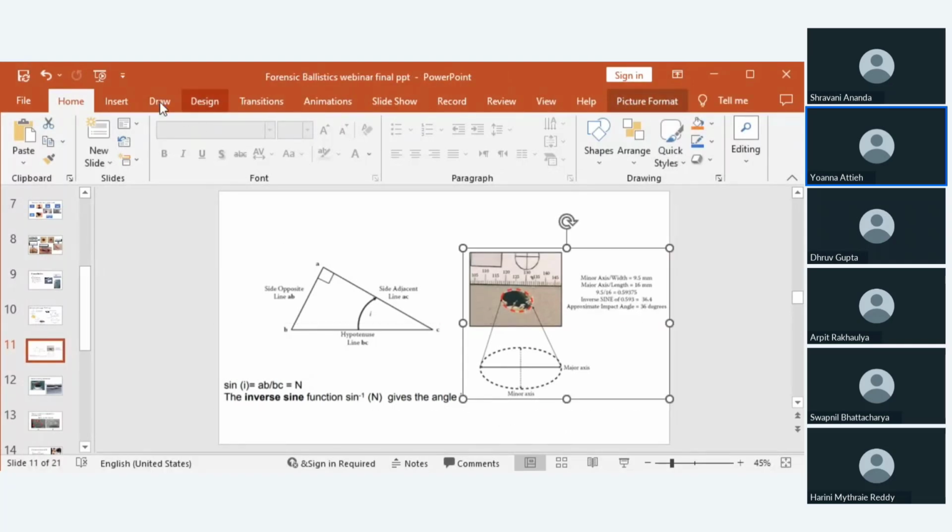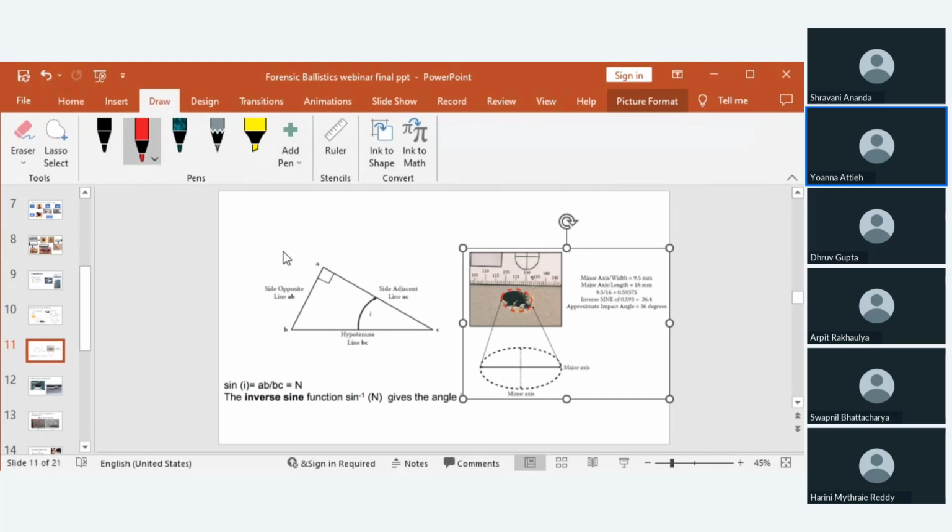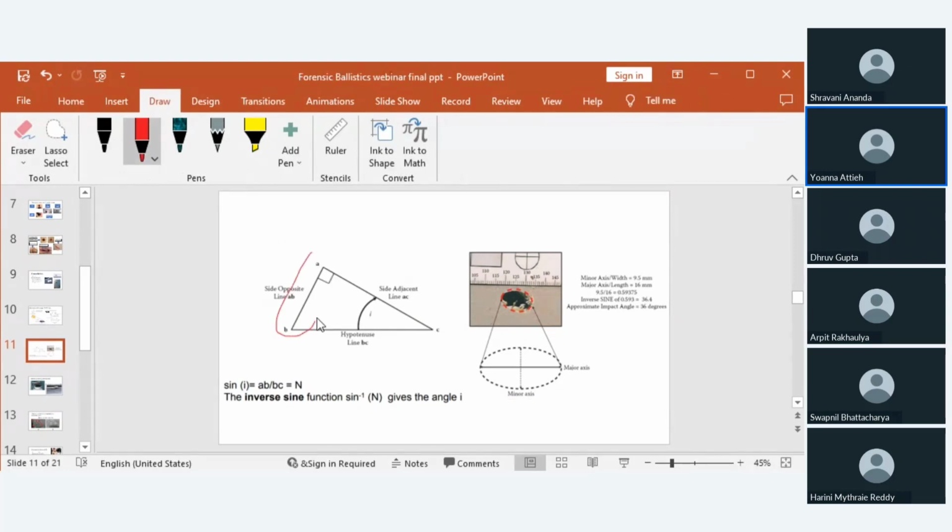If you look here, AB is equal to the minor axis. So when calculating sin I, it became that sin I is equal to AB over BC. AB is the minor axis. BC is the major axis. So sin I became the minor axis over the major axis.